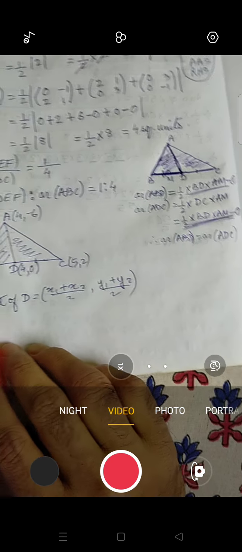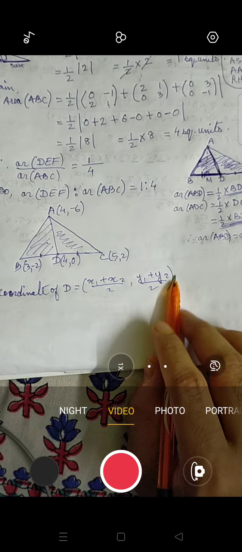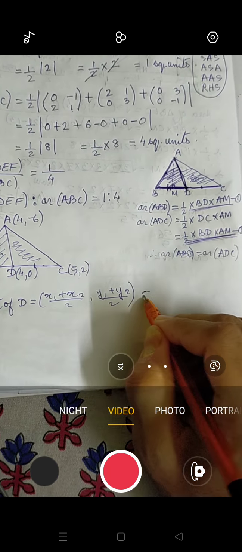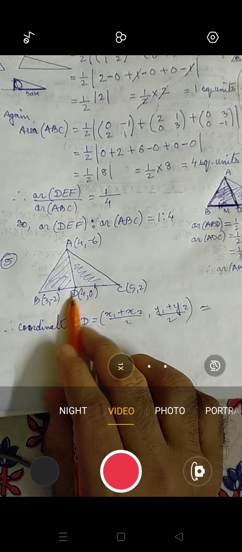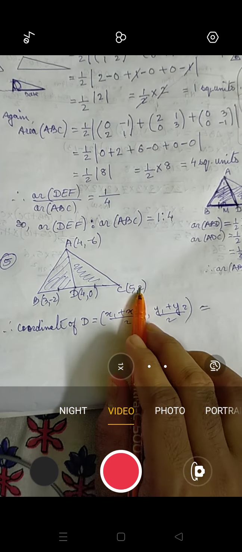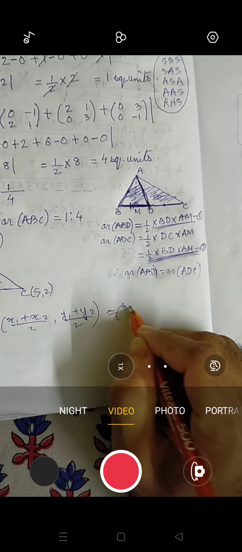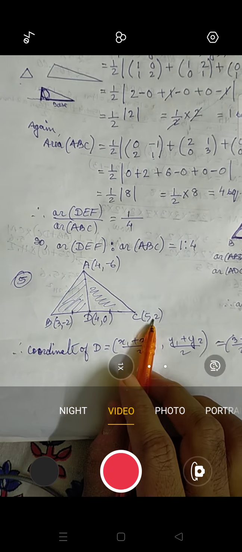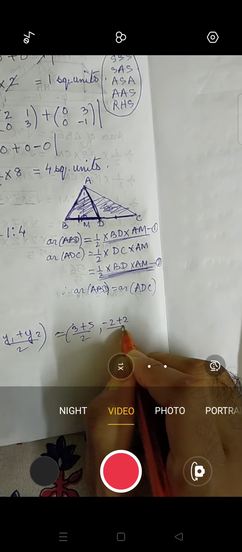So here we are taking the coordinate of D, so this will be the coordinates: 3 plus 5 by 2, comma, minus 2 plus 2 by 2.